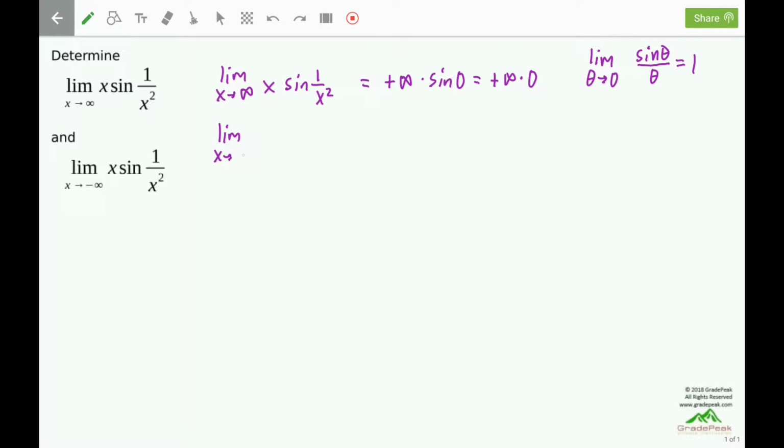So we have the limit as x approaches positive infinity of x times, we will isolate the sine, and we will now phase match in the other position by putting a 1 over x squared in the denominator. We can compensate this by putting a 1 over x squared in the numerator.